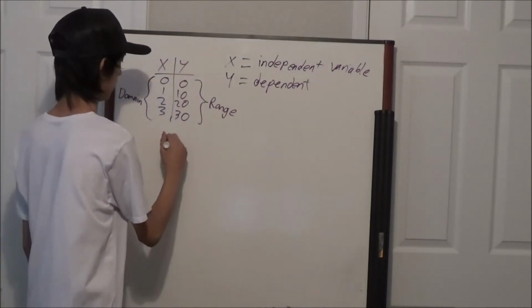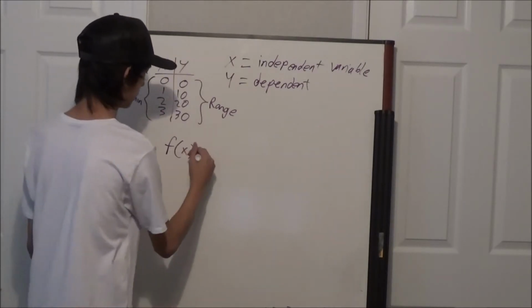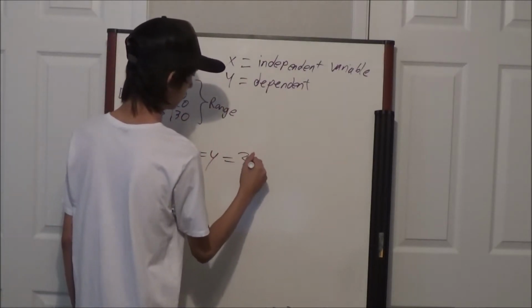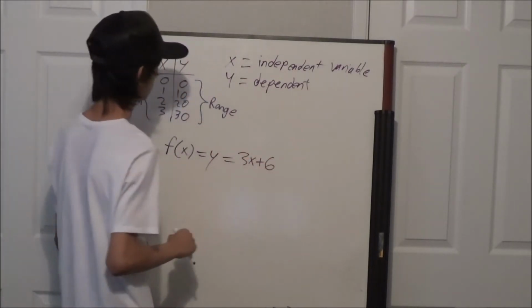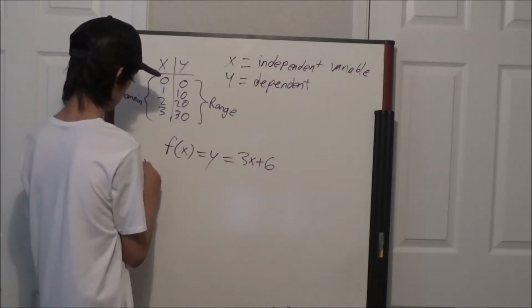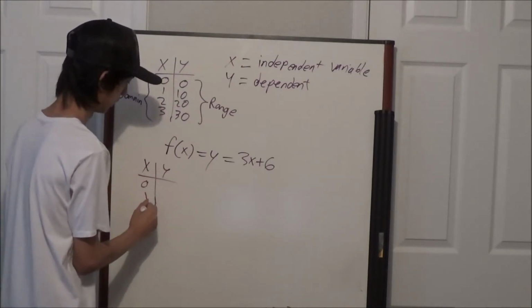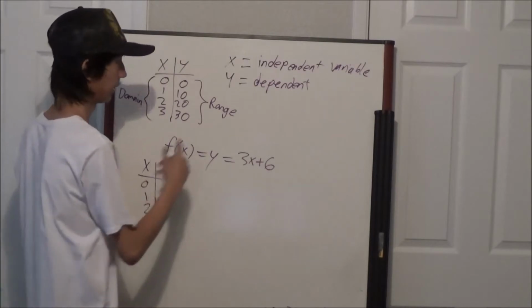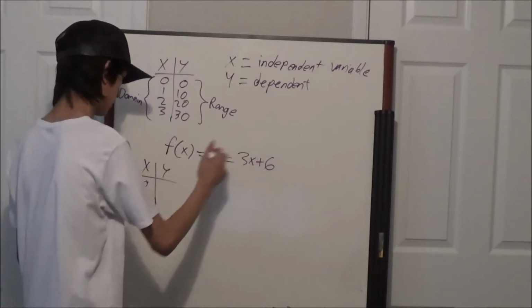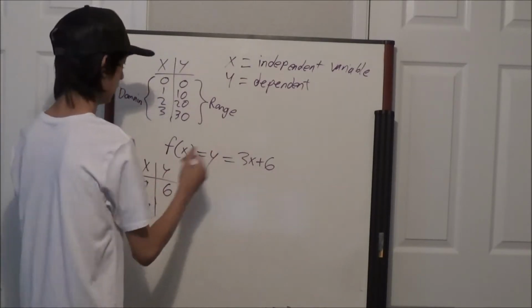So that's what a function is. If I say 3x plus 6, and I plug in, let me draw another x and y graph, and let's say these are the numbers that I want to put in. If I plug in 0, 3 times 0 is 0 plus 6, y is equal to 6. If I plug in 1, it's going to equal 9.